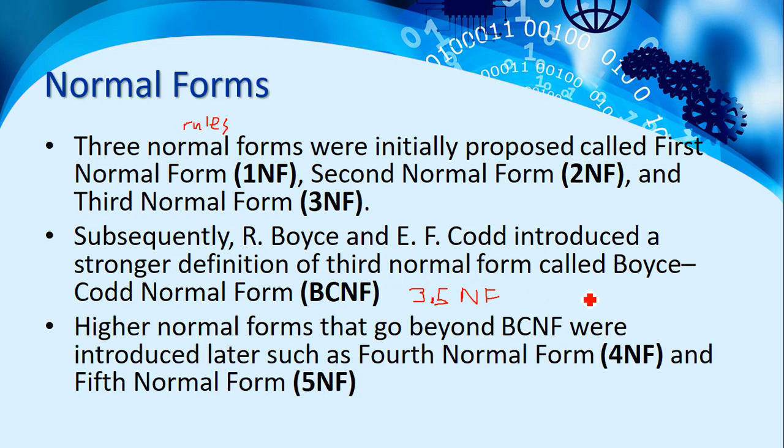And then higher normal forms that go beyond BCNF were introduced later, fourth normal form and fifth normal form. However, itong fourth normal form tsaka yung fifth normal form, these are rare. So bihira lang siya.